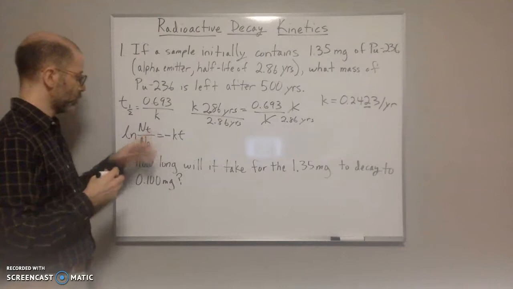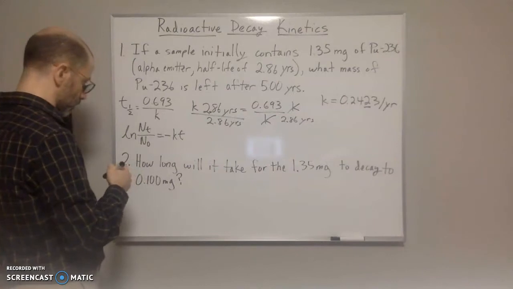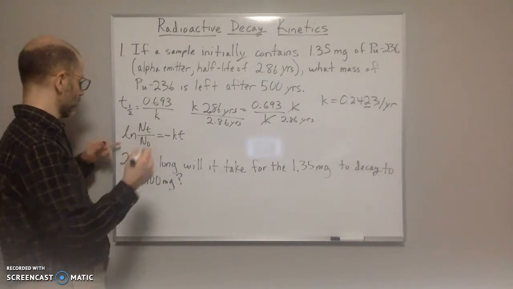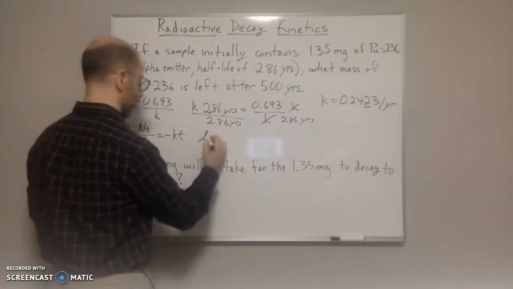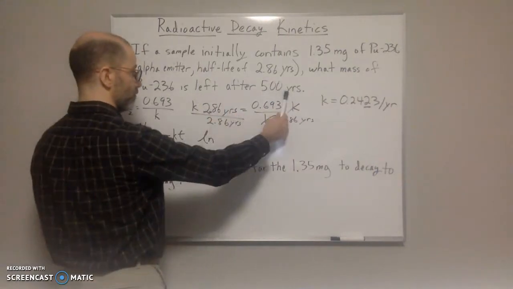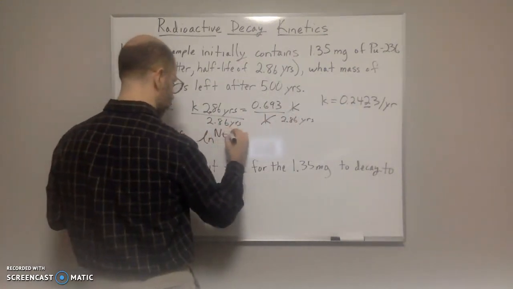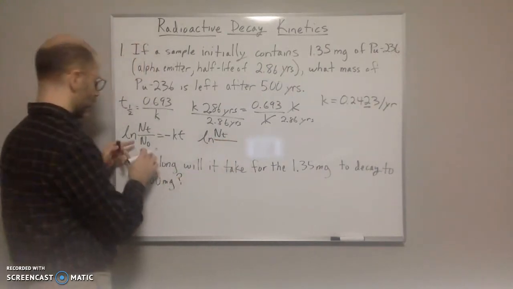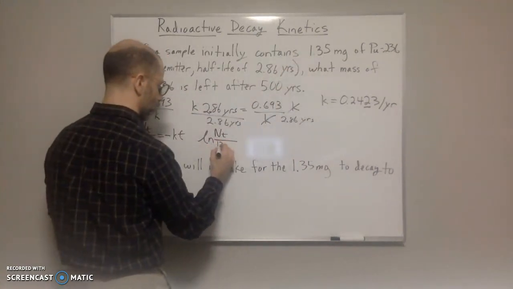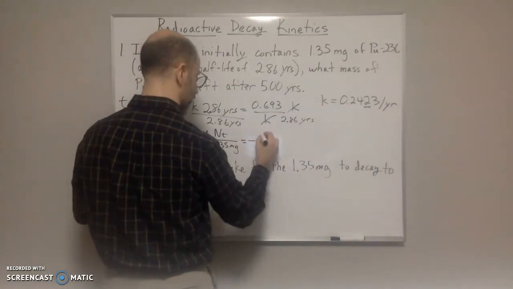So now we can plug what we know into this equation here. This is again the integrated rate law for a first order reaction. Here it would be the ln of n_t, the amount after a certain time. That's what we need to find, the amount left after 5 years. So we're going to solve for the amount n_t. The initial amount we started with is 1.35 milligrams, and that's equal to negative k.